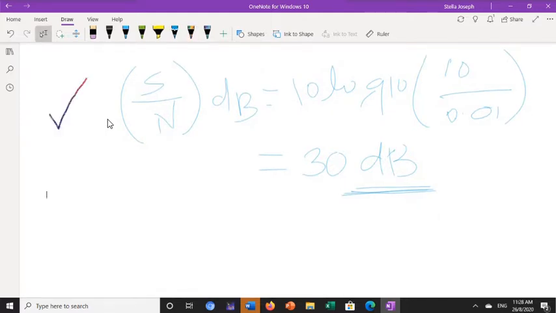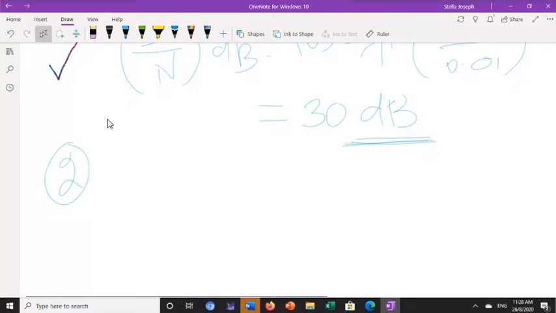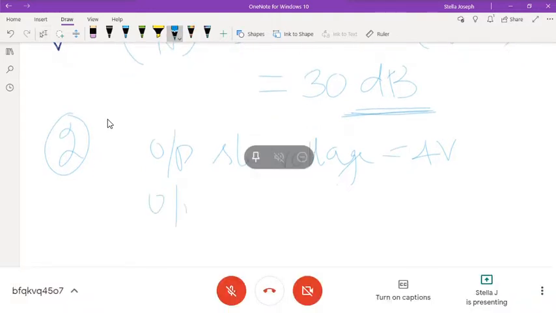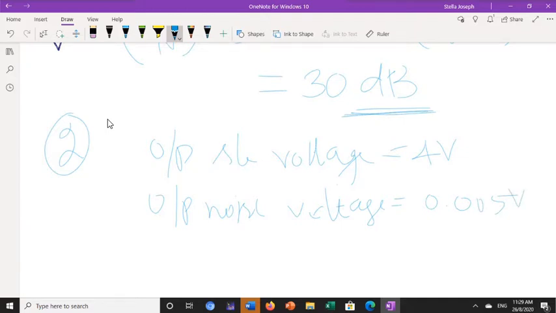Okay, then write the second problem. For an amplifier with an output signal voltage of 4 volt and an output noise voltage of 0.005 volt, and an input and output resistance of 50 ohm.